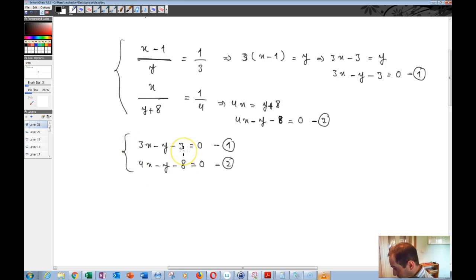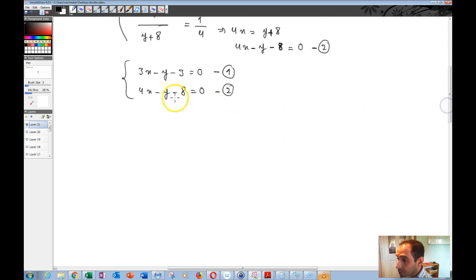And so now you can solve for x and y. I will use the cross multiplication method, and you can see that my equations are already in general form, so I can write x, y, and 1. So here I write b, c, a, and b.